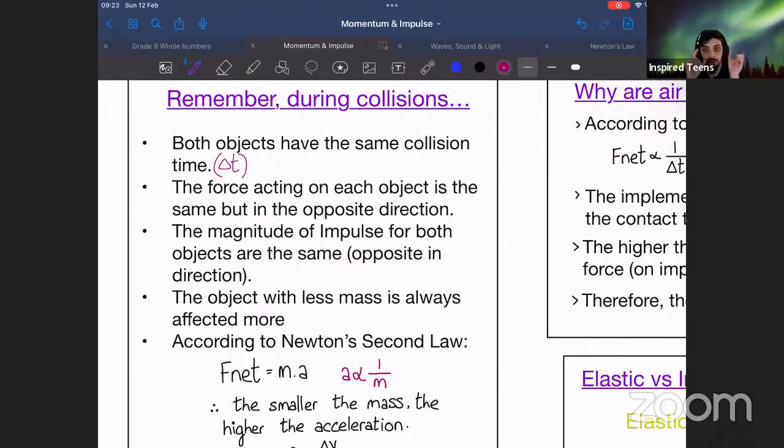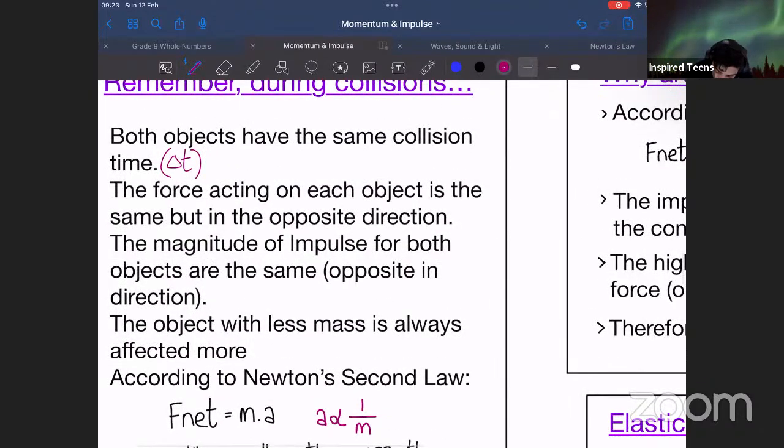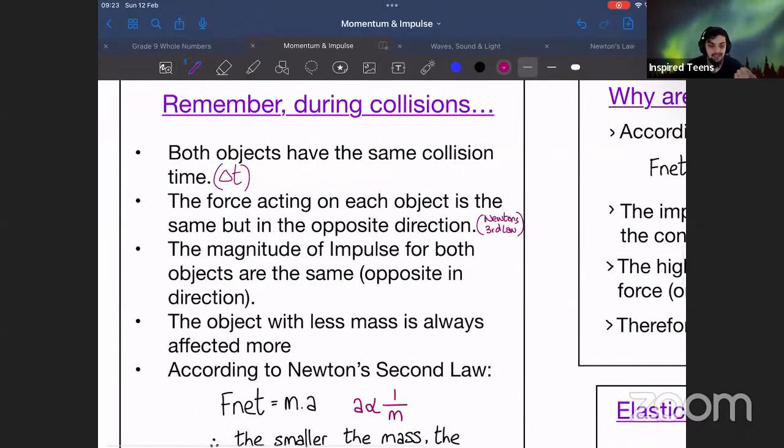Now, these are all for during the collision. The force acting on each object is the same but opposite in direction. That actually comes from Newton's third law, which tells us that every object in the universe exerts a force on every other object that is equal in magnitude but opposite in direction.